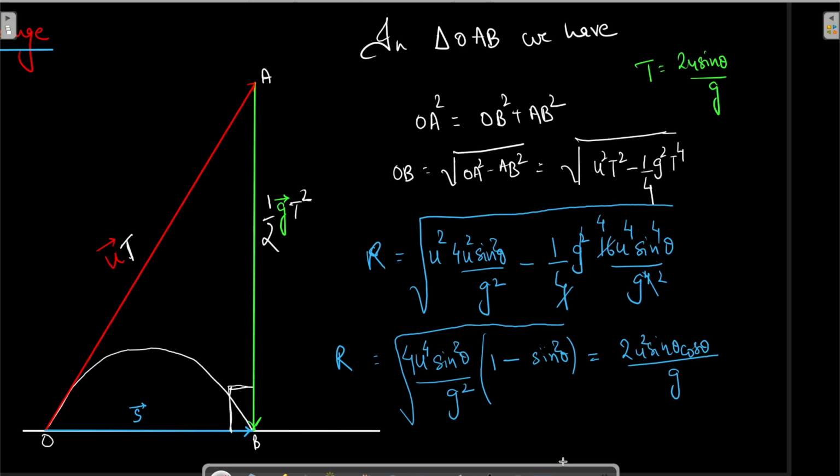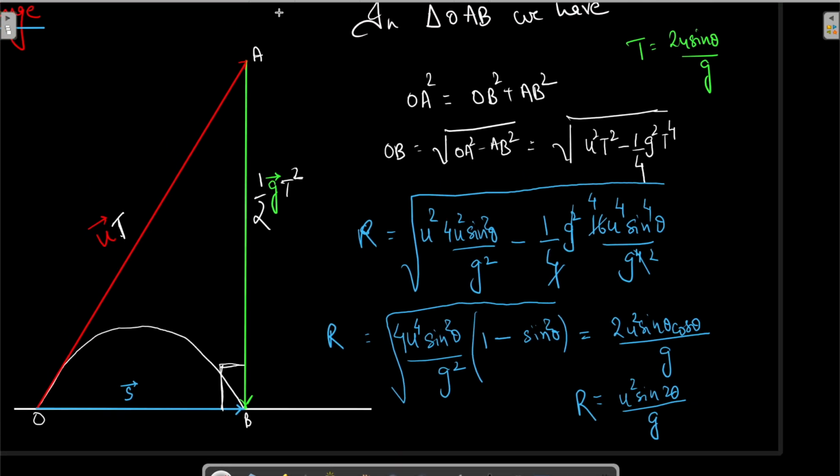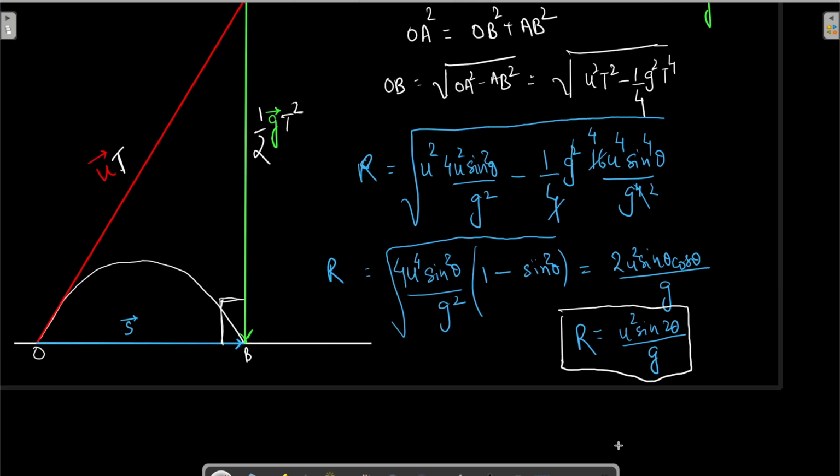So it's 2u square sine theta cos theta by g. Now 2 sine theta cos theta is sine 2 theta. So we get our famous expression for range using the vector triangle also. This is the range formula that we get using the algebra, and we get the same thing using the geometry also.